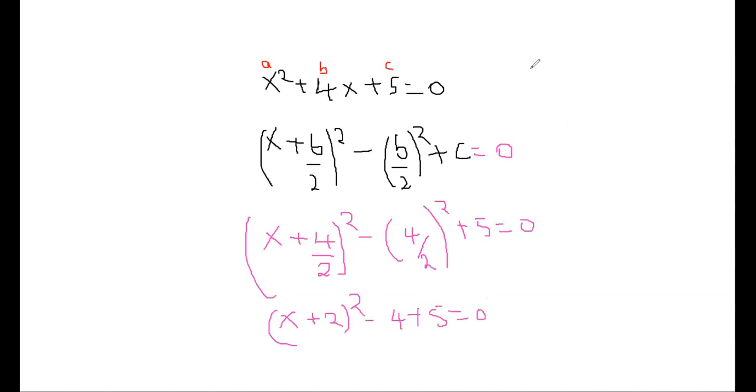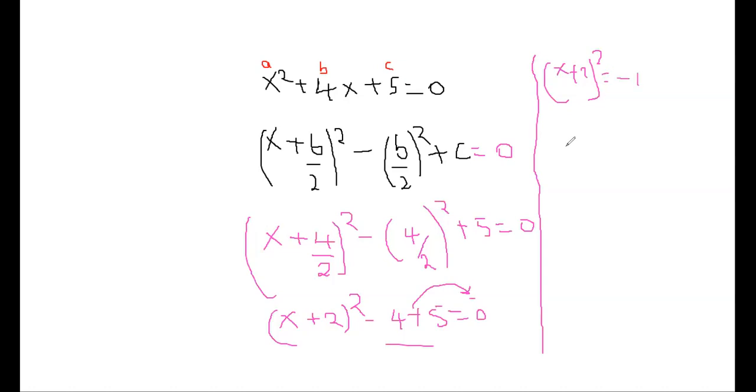Minus 4 plus 5 is going to be positive 1. So you're going to have x plus 2 squared plus 1 is equal to 0. When you take positive 1 to the other side of the equal sign, it becomes negative, so it's going to be negative 1.